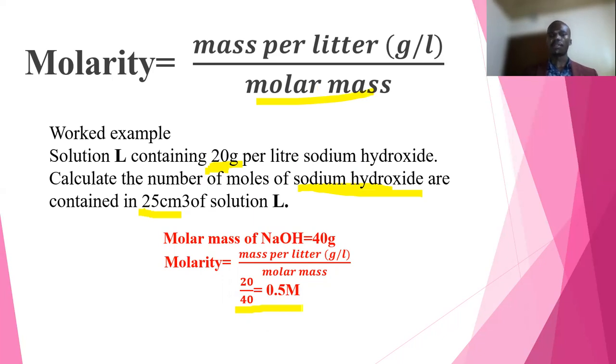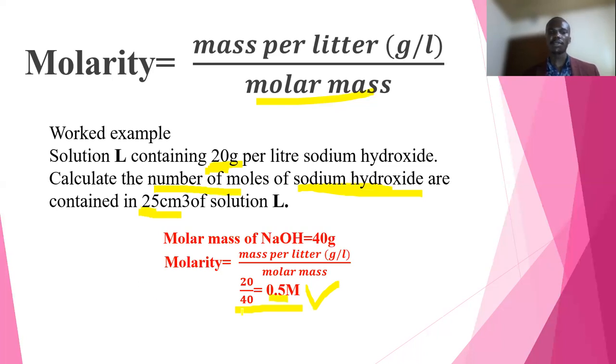So you have the molarity. From there, you can now calculate the number of moles. We said moles can be calculated as: you have the molarity, you have the volume. Can't you now calculate the moles? You can, by saying that moles is given by molarity times the volume over 1000.